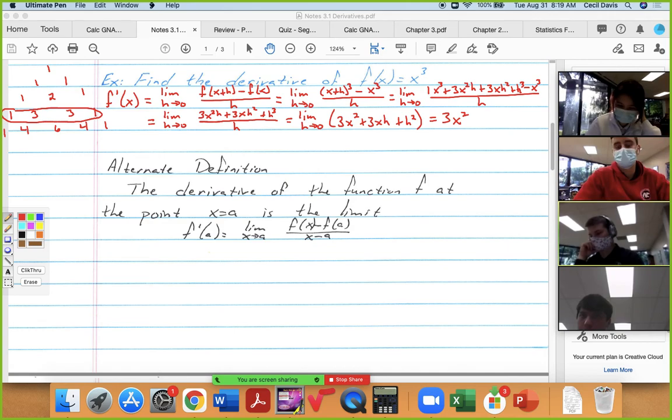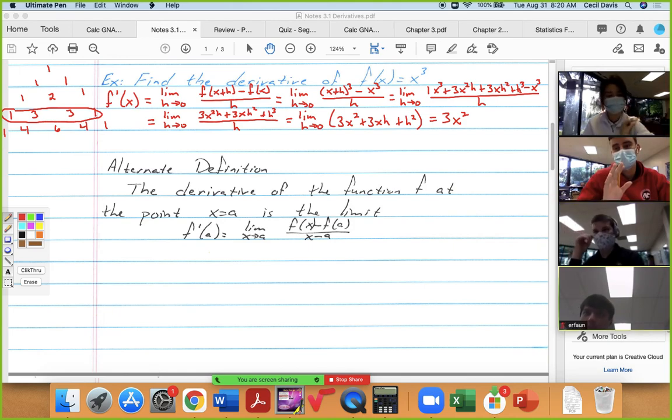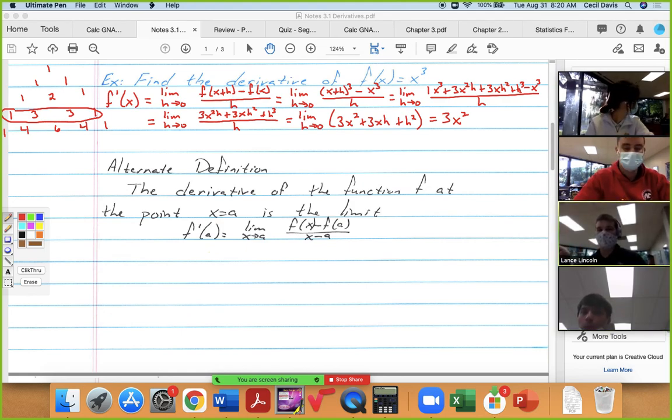So how many of you are taking AP Physics? Just you two? Okay, so you already learned this rule for taking derivatives in AP, multiplying by the old exponent, which is exactly what we ended up with here.